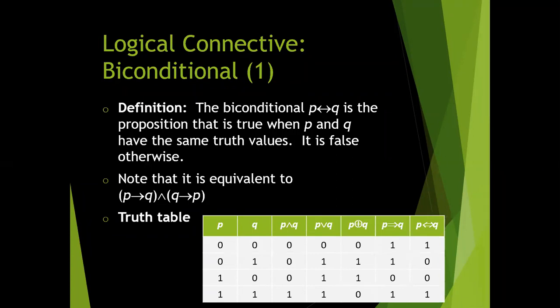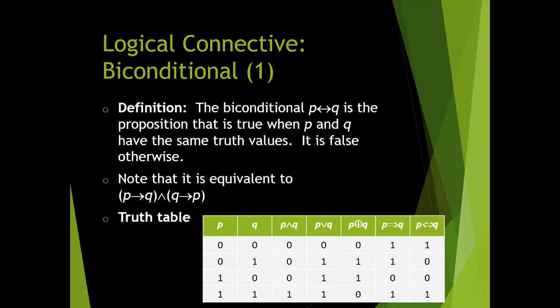Here P is false and Q is false, the same value, so the biconditional will also be true. Now the next condition: P is false and Q is true. Here they do not have the same value.